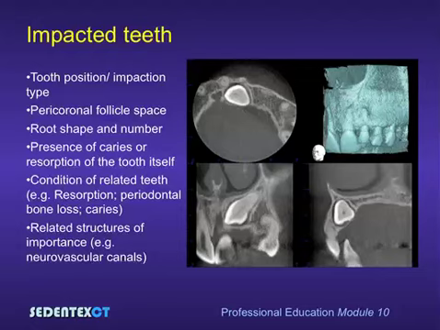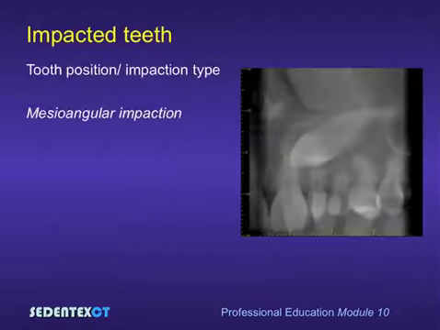We should look at the pericoronal follicle space, followed by the root shape and number of roots, the presence of caries or resorption of the tooth itself, the condition of the related teeth, for example, resorption, periodontal bone loss and caries, and we should also look, where relevant, at related structures of importance, for example, neurovascular canals. So let's try and do that.